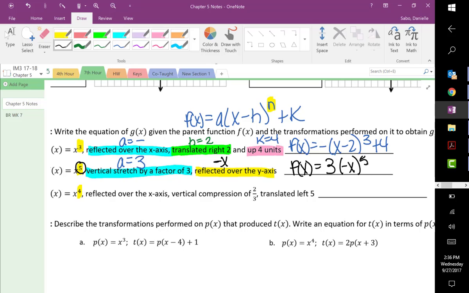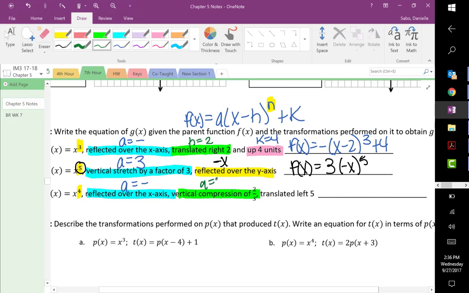Let's do it one more time. The reflecting over the x-axis, what happens to my a? And then if I'm compressing, it's just going to be a factor. So my a is also going to be 2/3. And if I'm moving left 5, is that my h or my k? Ooh, good. I heard someone say it's your h.